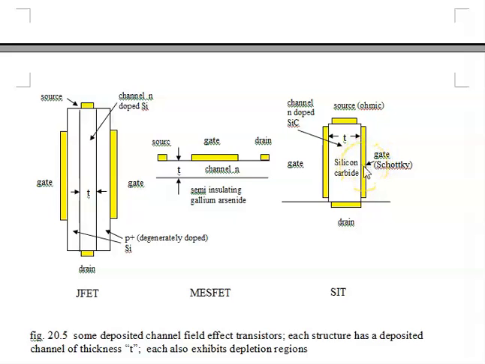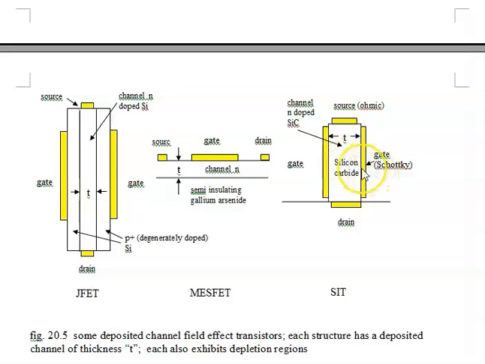Generally, this is done at somewhere about 500 or 600 degrees Celsius, but the source contact must be applied at a much higher temperature and then alloyed in, because Schottkys and ohmics are very, very different, and that's one of the difficulties in actually fabricating a SIT, because we have two types of metal-semiconductor junctions.